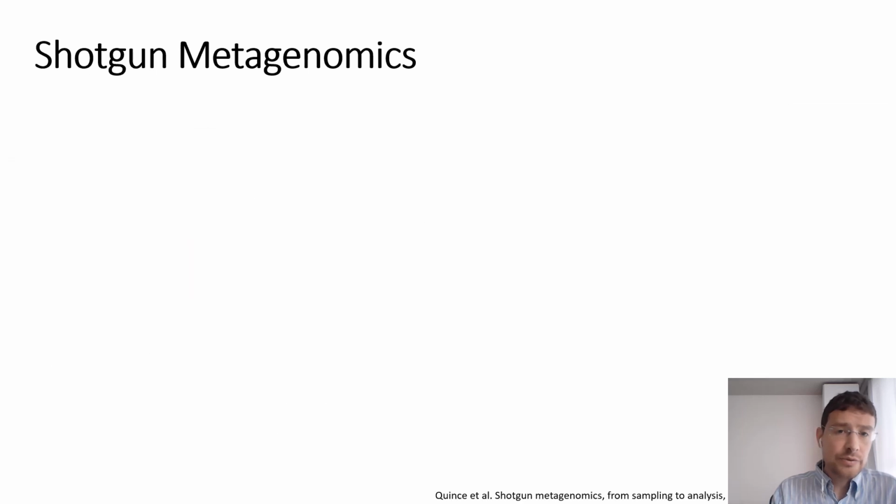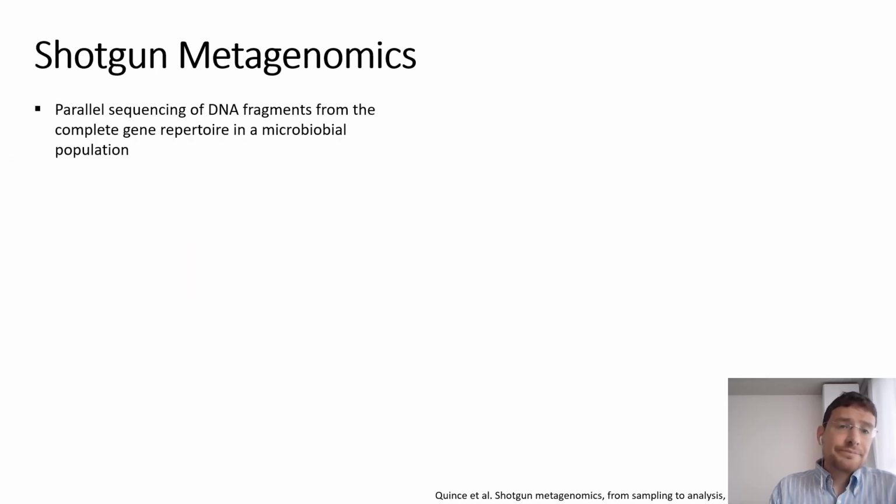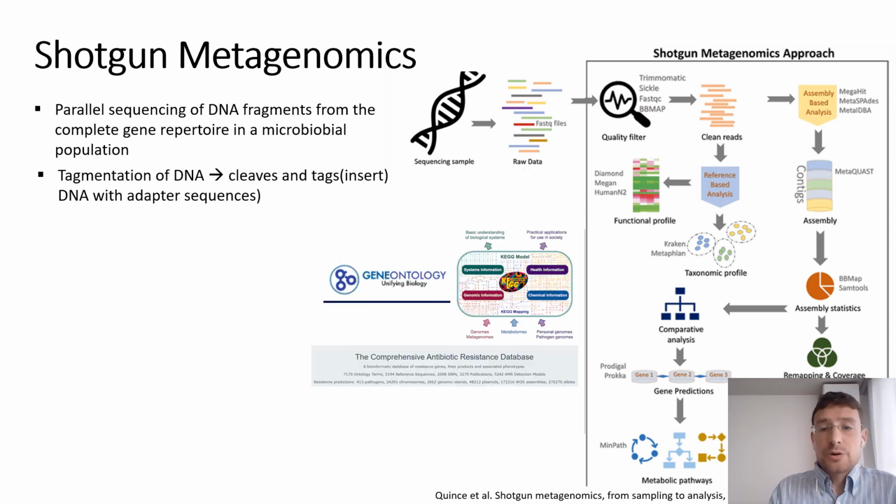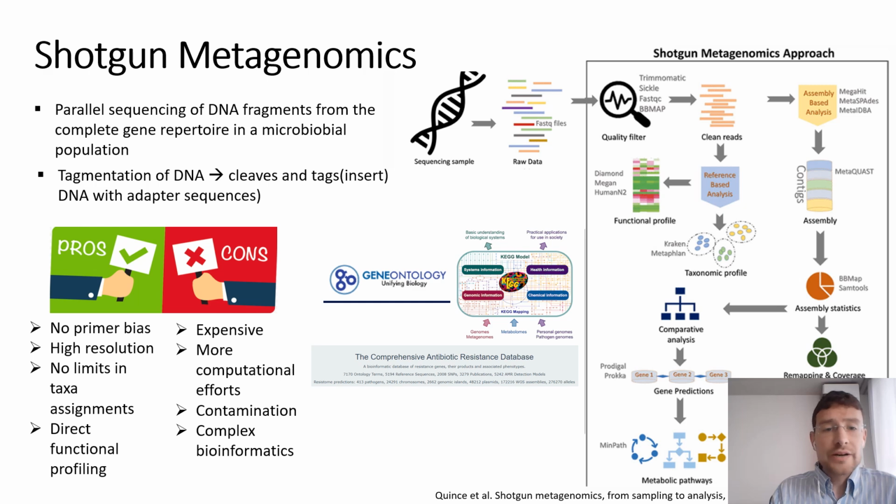You just get information on which species are present in abundance. This problem may be solved with shotgun metagenomics, in which you amplify all the DNA. And of course, it's much more complicated bioinformatically. You can use several tools, but you get much more answers. For example, you may also have functional profiling, quantification, and so on.